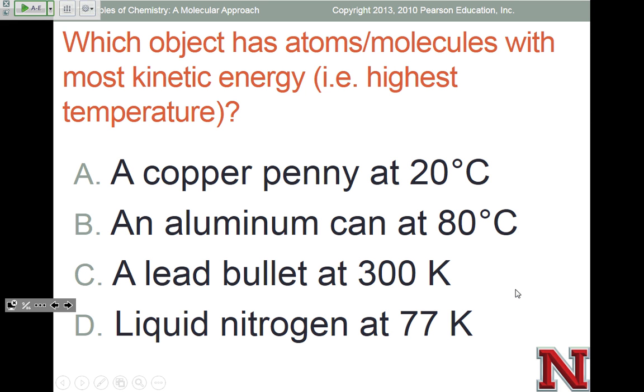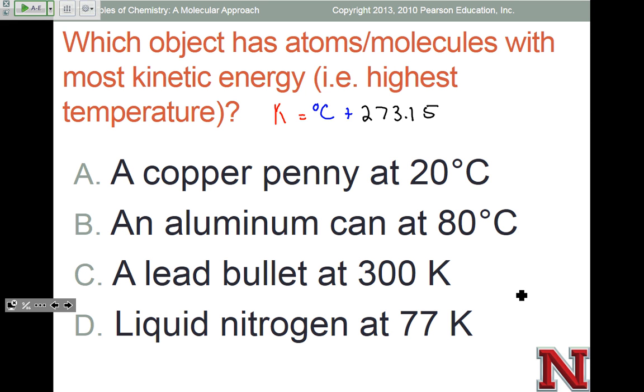And like I said, this is going Celsius to Kelvin, and we know that our Kelvin is equal to our degrees Celsius plus 273.15. So we can do that conversion fairly simply.